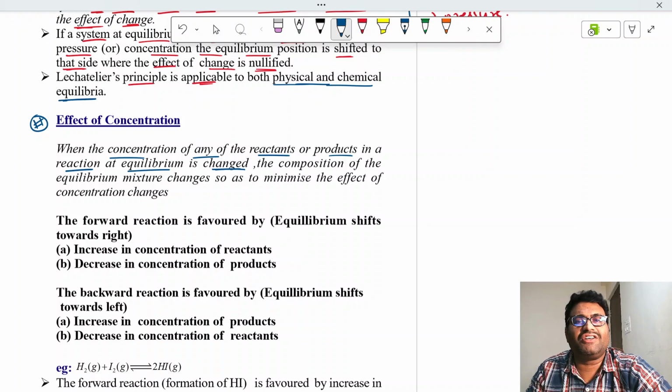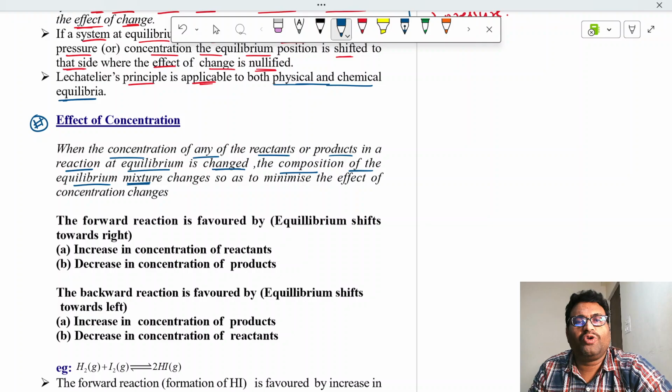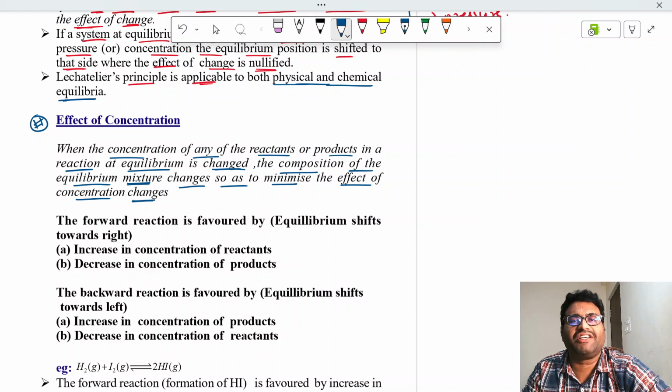On changing the concentration of reactant or product, the composition of the equilibrium mixture changes. That means it will no longer be in equilibrium. Its equilibrium state is disturbed, and it changes so as to minimize the effect of the concentration change. That means it will behave in such a way as to counteract the change, or to make the change zero.